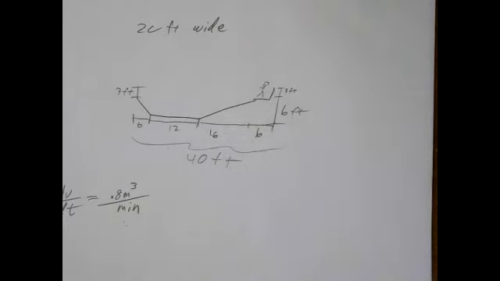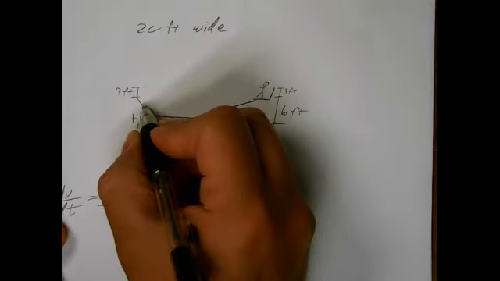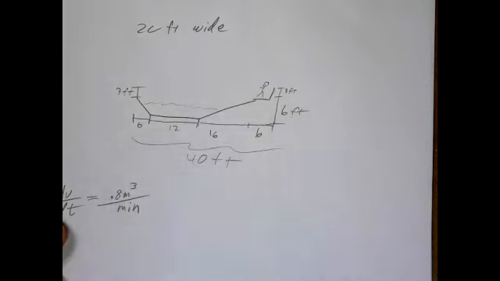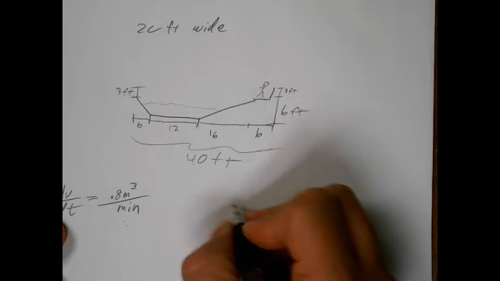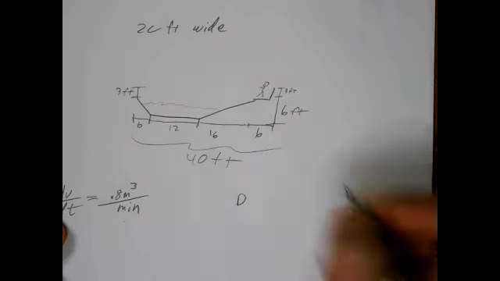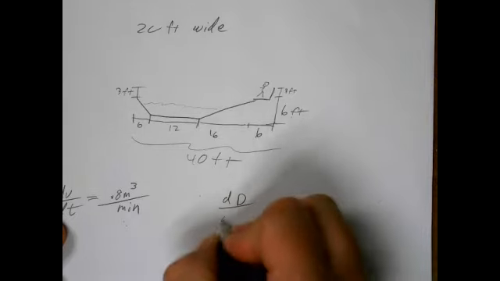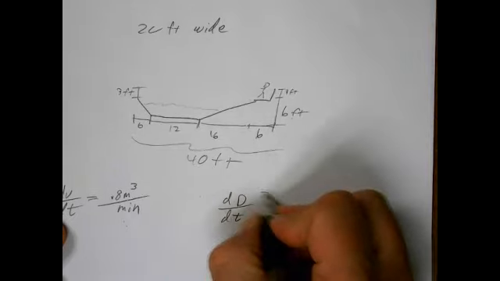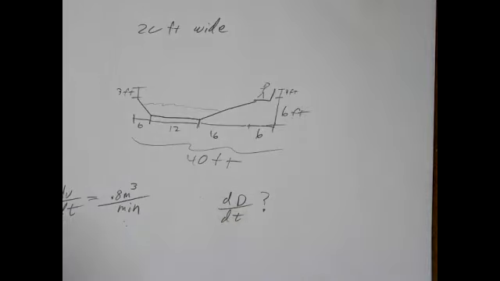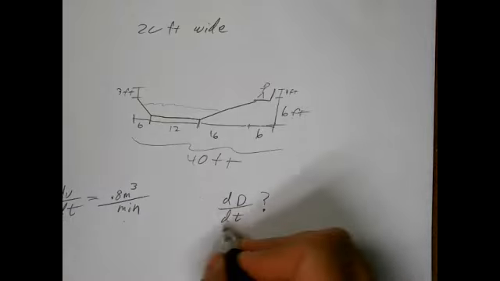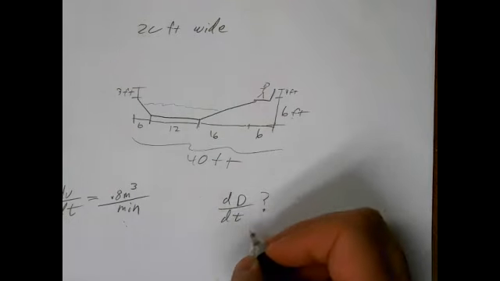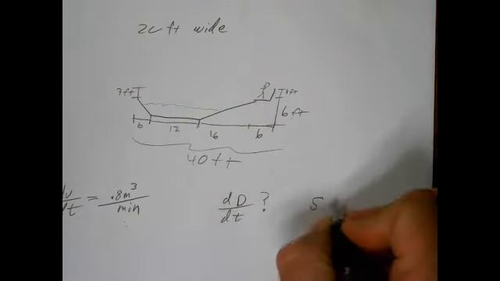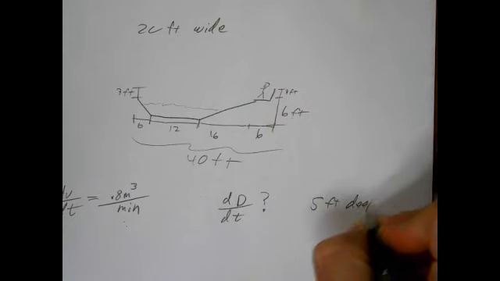It wants to know how fast is the water level rising. So if the water was in here at some level, how fast is it rising? If you want to let depth of water be marked by a capital D, then the rate of change of depth with respect to time is what they want to know. And they want to know how fast it is changing when it is 5 feet deep.